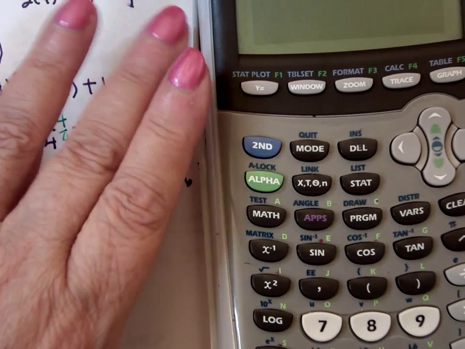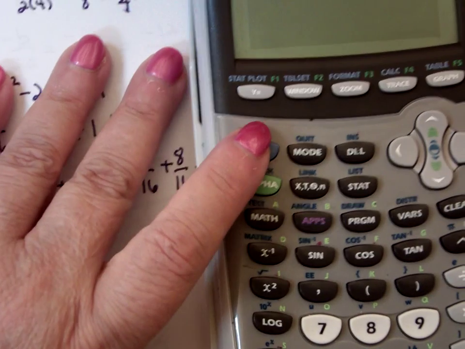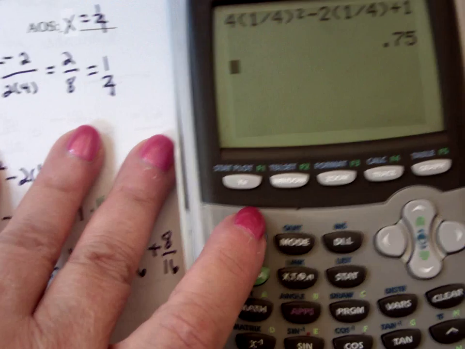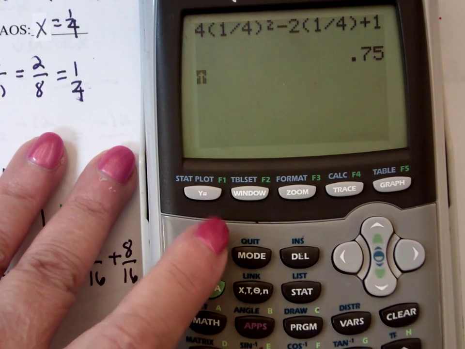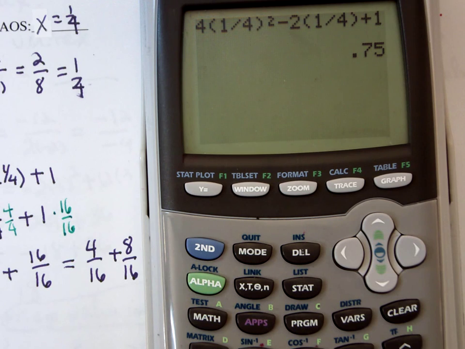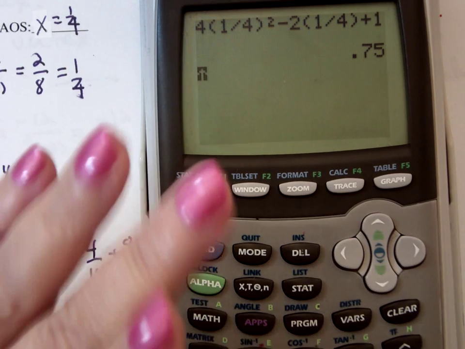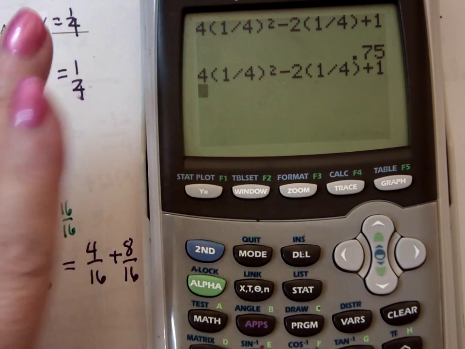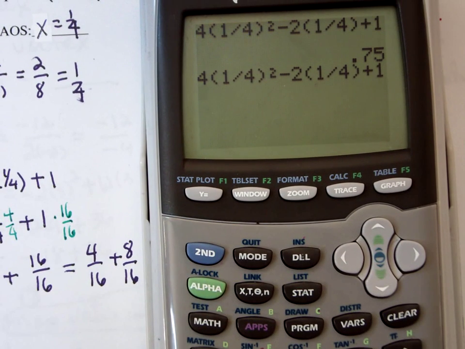It is blue. If I press second, which is an up arrow, kind of like a shift key on a computer, entry, it brings back the last calculation that I did.